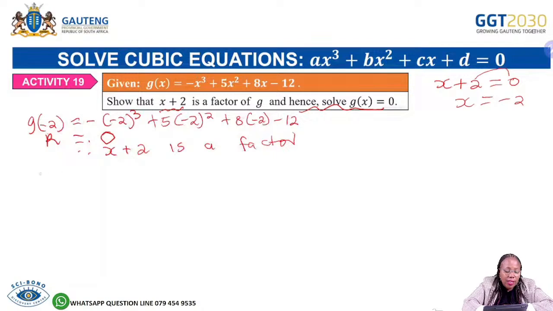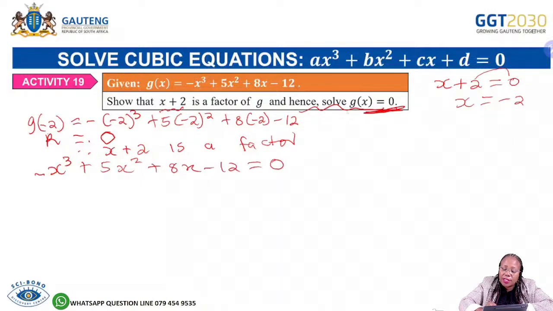So now we are taking our g at x function, minus x cubed plus 5x squared plus 8x minus 12. We equate it to 0 because they said it is equal to 0 there. And then take out the negative. We have x cubed minus 5x squared minus 8x plus 12 equal to 0.